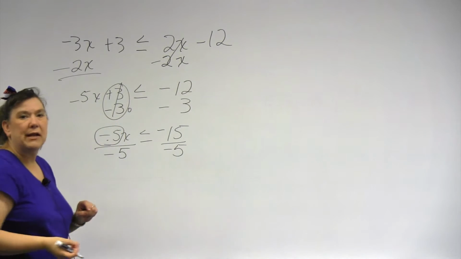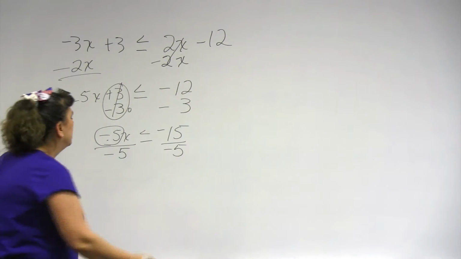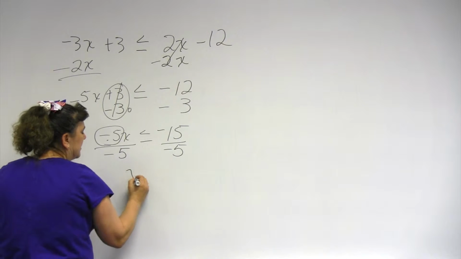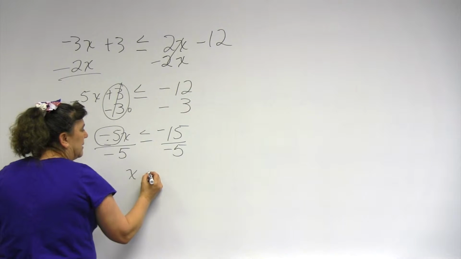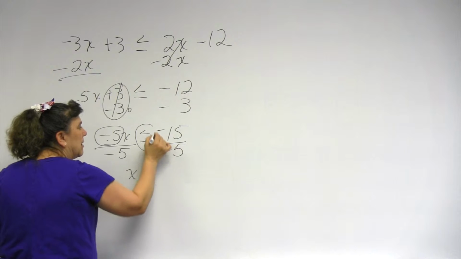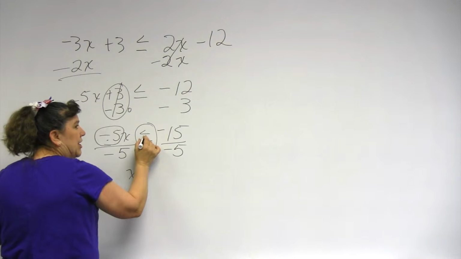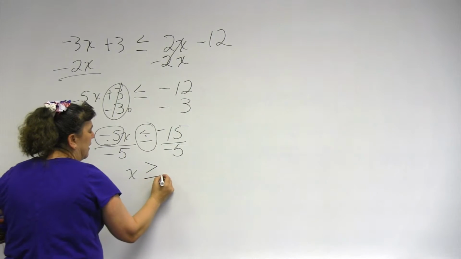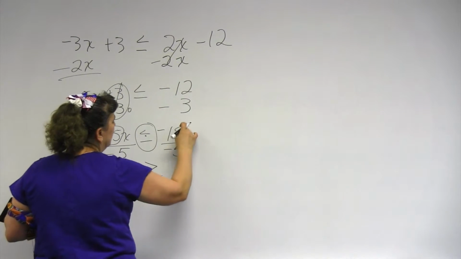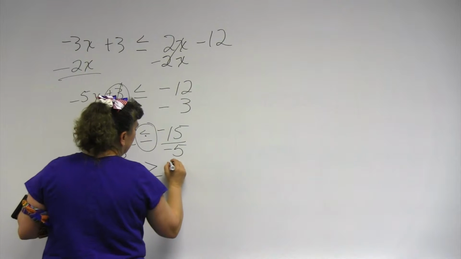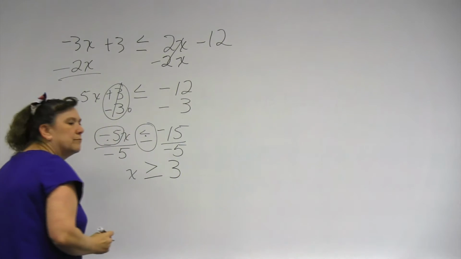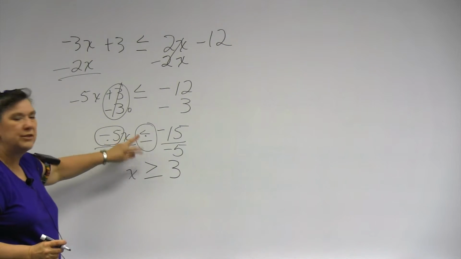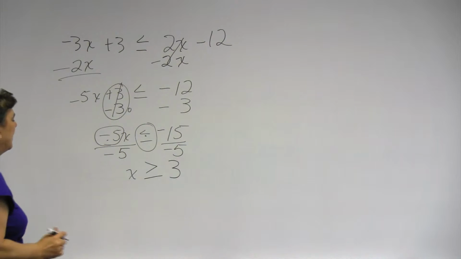Negative 5 divided by negative 5 is a positive 1. So we end up with positive 1x, or simply x. And remember what I said about the inequality? Yeah, it changes direction, doesn't it? So that less than becomes greater than or equal to, and negative 15 divided by negative 5 is a positive 3. See how that flipped direction? Really important, don't forget it.